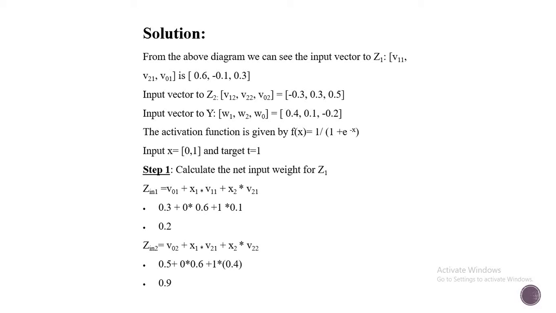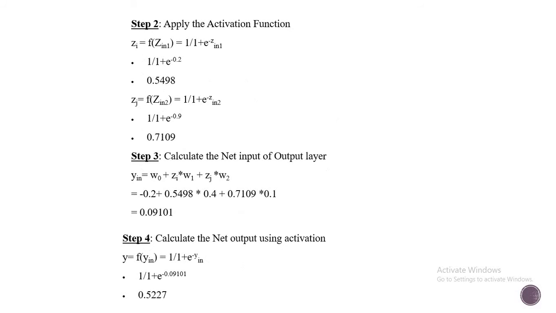Now we can calculate Z_in2 equal to V02 plus x1 into V12 plus x2 into V22. That is 0.5 plus 0 into minus 0.3 plus 1 into 0.4, that is 0.9.